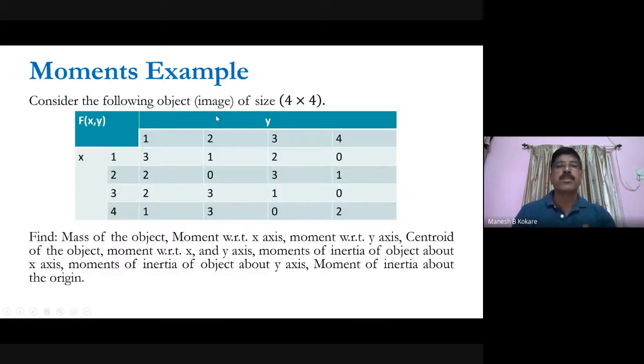Now look at this one. You just have to do the summation of all those intensities. So what is the summation? 3 plus 1 plus 2 plus 0 plus 2 plus 0 plus 3 plus 1 plus 2 plus 3 plus 1 plus 0 plus 1 plus 3 plus 0 plus 2. So the entire summation of pixel intensity is equal to 24.